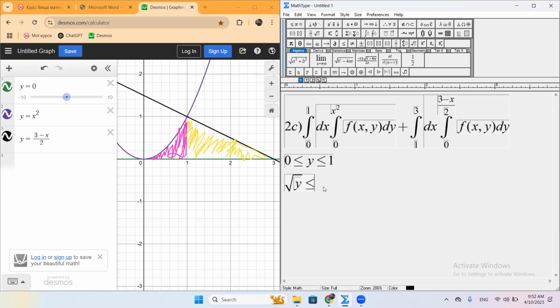For this straight line, we need to solve the equation with respect to x. So 3 minus x over 2 equals y, and x will be equal to 3 minus 2y.